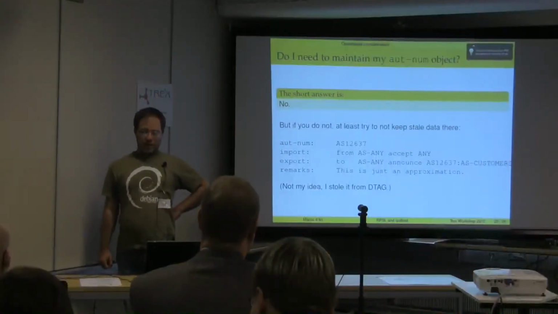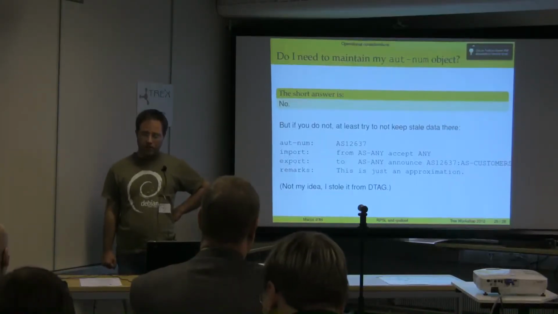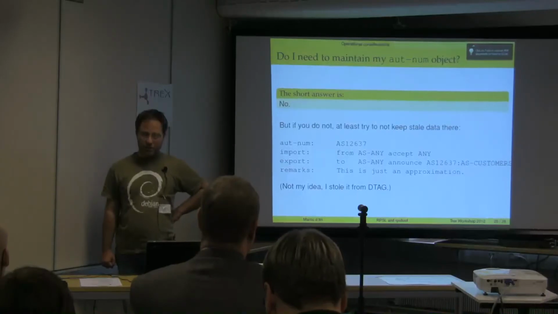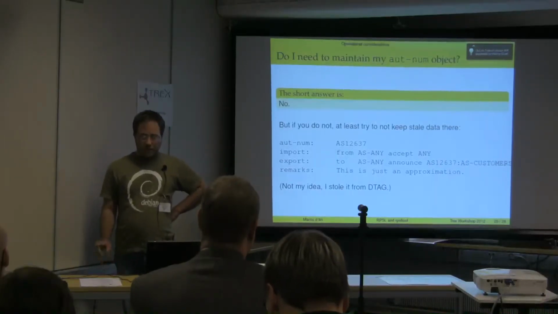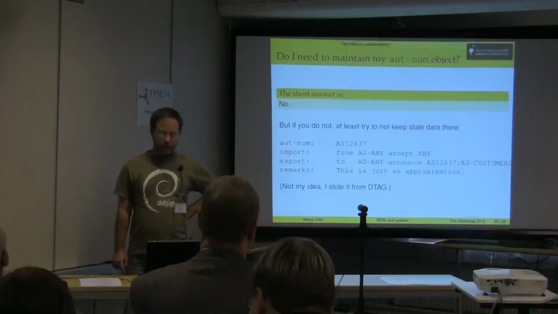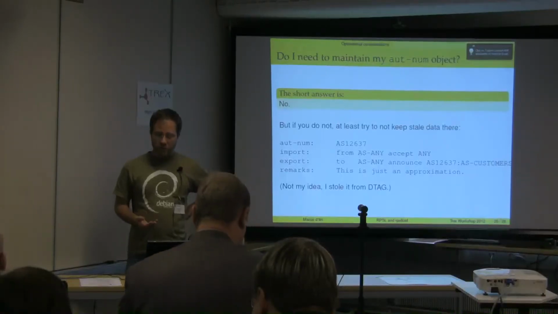Do you need to maintain an aut-num object? Not at all. There is really no point unless you are using it to generate your configuration, and this is something that I believe only the Greek research network still tries to do, but I have not checked in the last few years. But anyway, you need to have one because RIPE creates it when you get a new autonomous system.